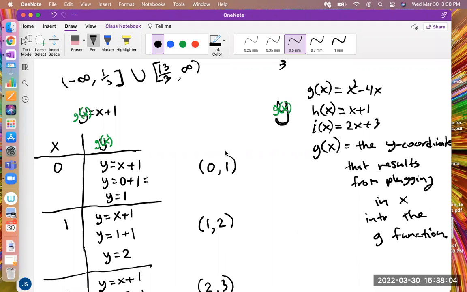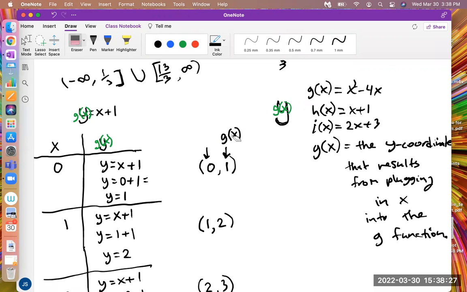So what did we plug in to get this? That's g of x. But instead of saying x, we know what input we plugged in, so we don't have to use the general x.